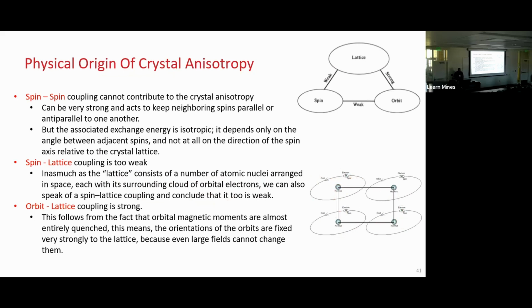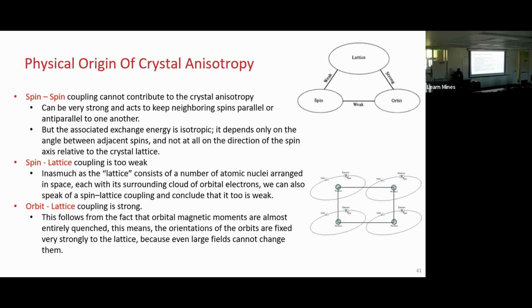And then the orbital, how these electrons orbit around the nuclei, is strongly coupled with the lattice. Actually, it is beyond strongly coupled. I would say this orbital dictates how the lattice is arranged. It could be cubic, it could be FCC, or it could be hexagonal. It's all because of how your electrons are orbiting around the nucleus.